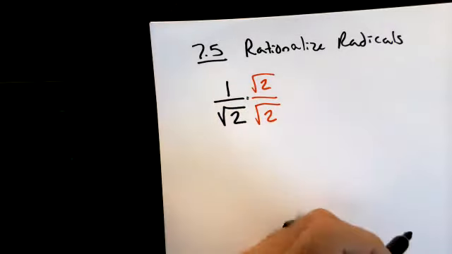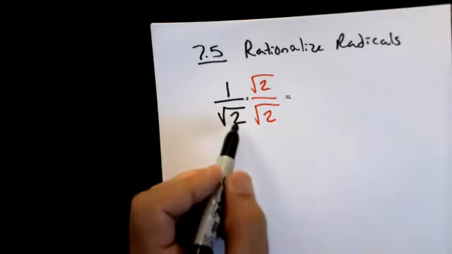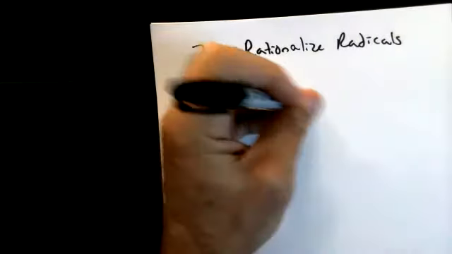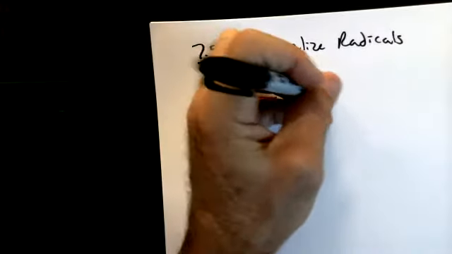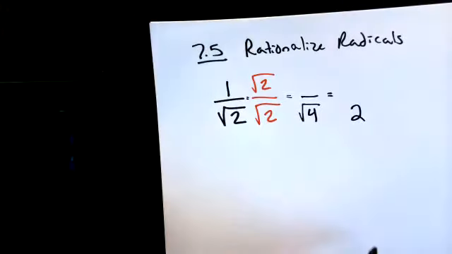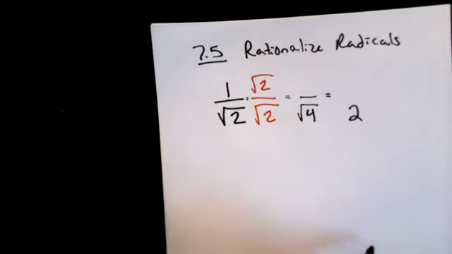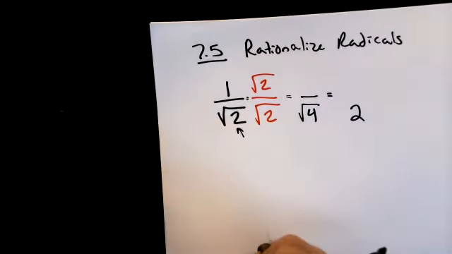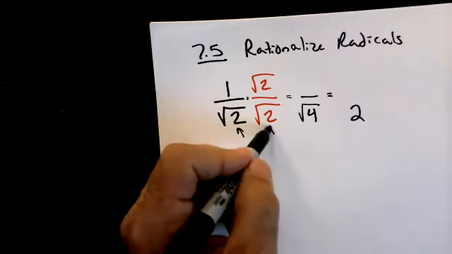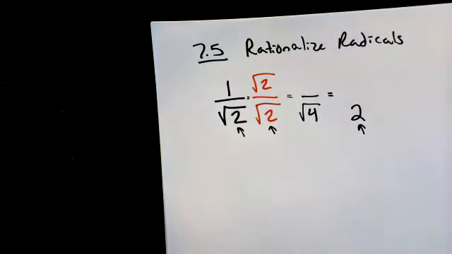That makes this a 1, so we're not changing our number. Anyway, square root of 2 times square root of 2 is square root of 4, and obviously the square root of 4 is 2. So again, to get rid of the radical on the bottom, specifically, if you take a square root times itself, you'll always get that same inside number. And I'll show you a couple of times where we do that exact same thing.